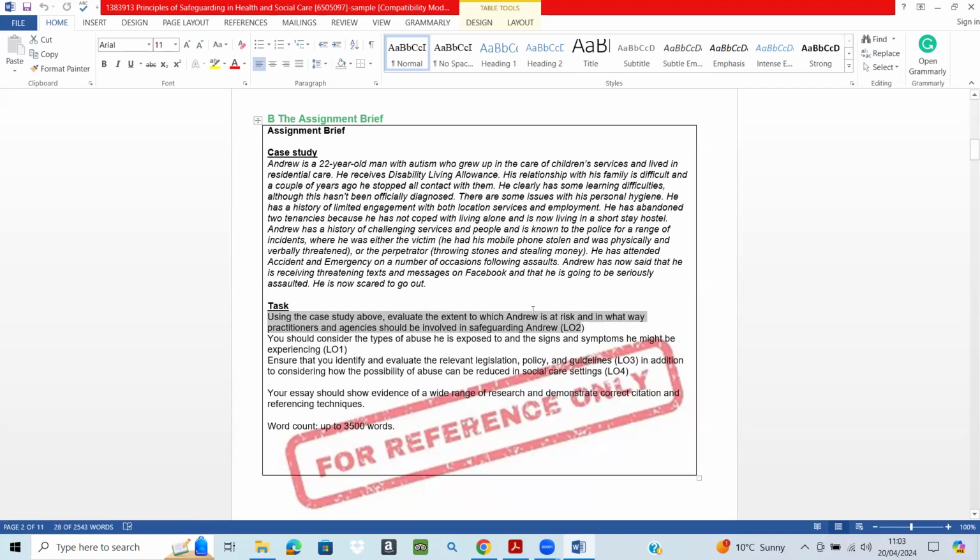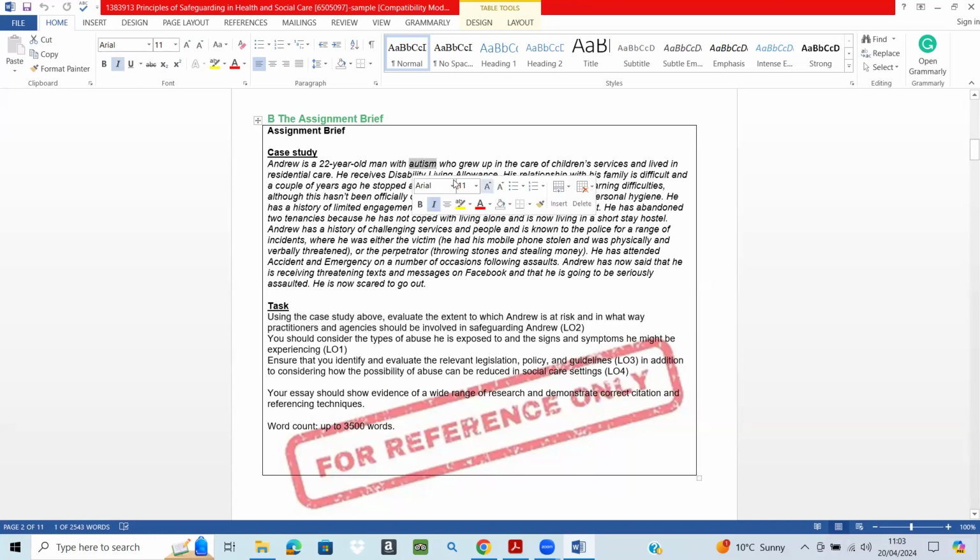And for example, for this one, we need to consider the risk and in what way practitioners and agencies should be involved in safeguarding NDU. So we will read the case study, and according to that, we will answer the question. So for risk, we will look for risk related with autism because he is autistic.